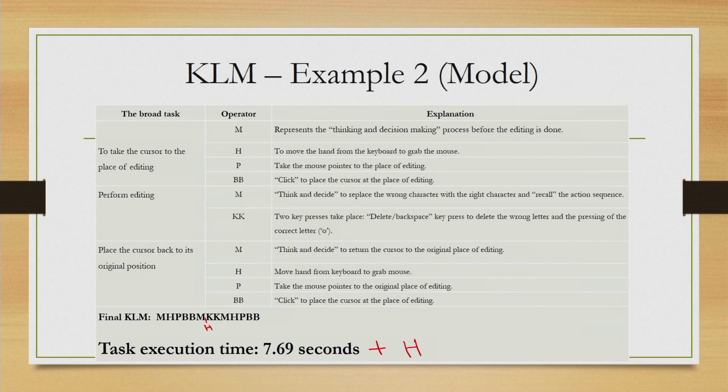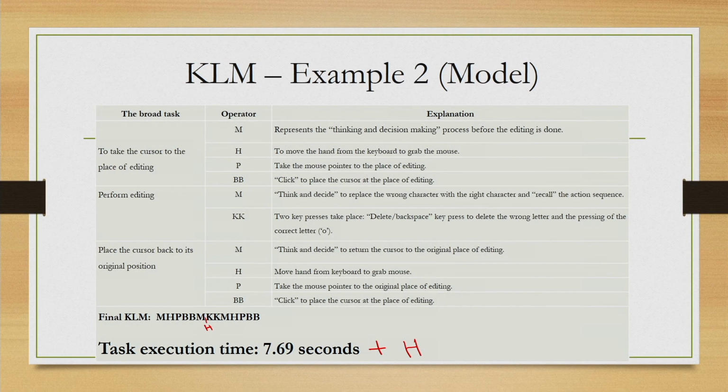So, in order to understand it, let us go through it again. So, our task was to rectify a mistyped character. So, we assumed that we are at the end of typing at a particular location and we noticed a mistyped character somewhere and we want to rectify it.